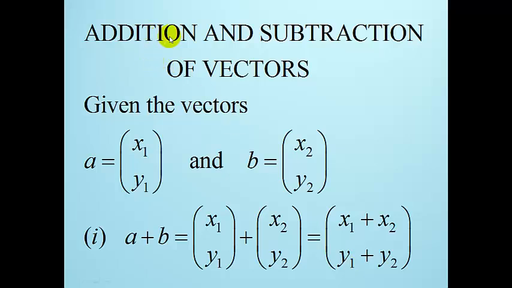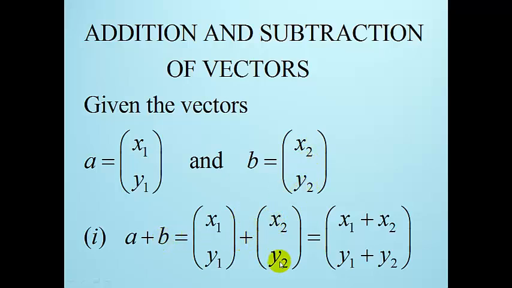Now let's look at addition and subtraction of vectors. We are given two vectors. We have vector A, the coordinates are x1, y1, and vector B, the coordinates are x2, y2. Now with addition of vectors, if we are adding vector A to vector B, then we have A plus B equals x1, y1 plus x2, y2.